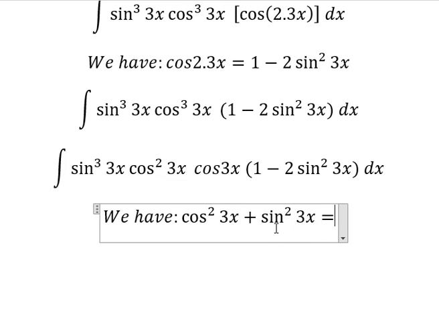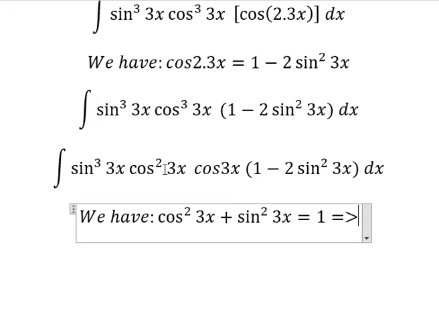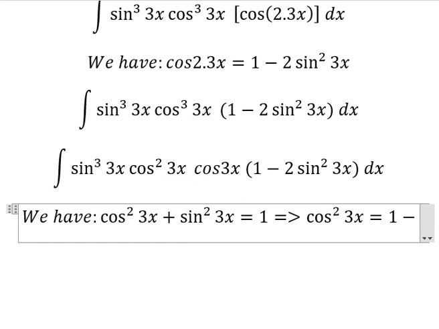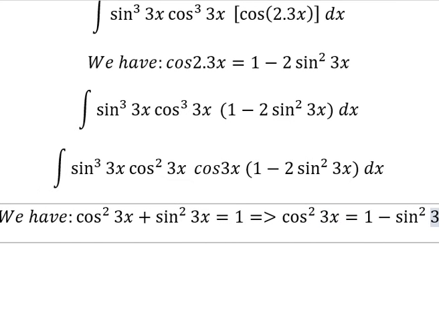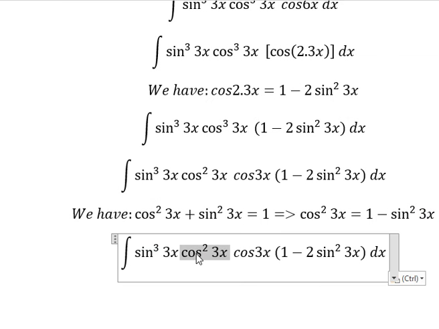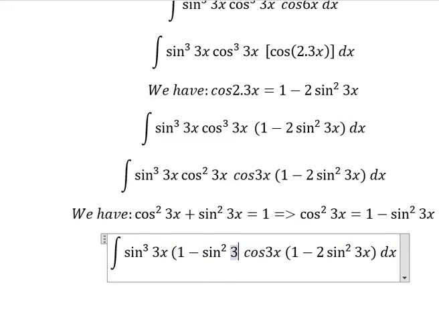Cosine 3x squared plus sine 3x squared equals number 1. So we want to change cosine 3x squared, so we put this one go to the right. And this one in here, we will change for 1 minus sine 3x squared.